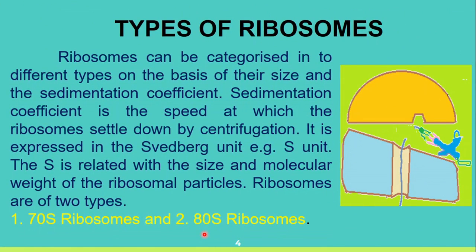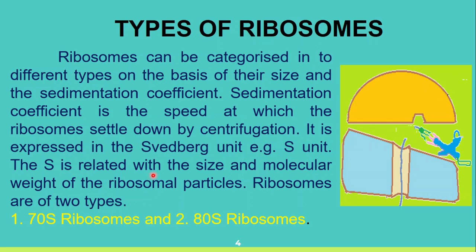There are different types of ribosomes and they can be categorized on the basis of sedimentation coefficient. Sedimentation coefficient is the speed at which the ribosomes settle down by centrifugation. It is expressed in the Svedberg unit, known as S unit.